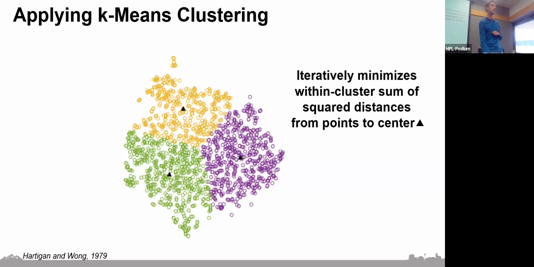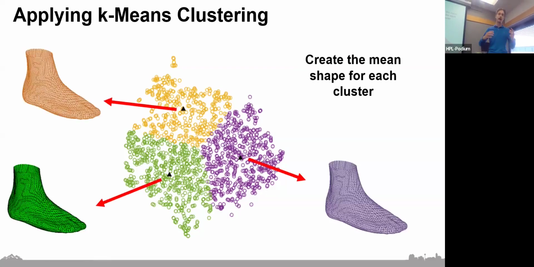And K here is the number of clusters that you want the algorithm to find. So once we have those clusters, we then take the mean shape of each cluster, and those become the generated fits. So to recap, we map the scans into 2D space, applied a clustering algorithm to form groups, and then took the average shape of each of those groups to get some representative foot shapes, right?